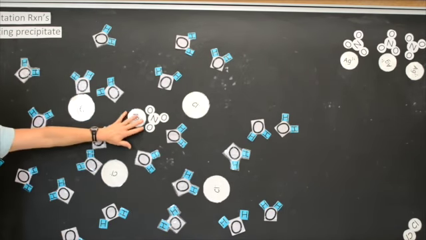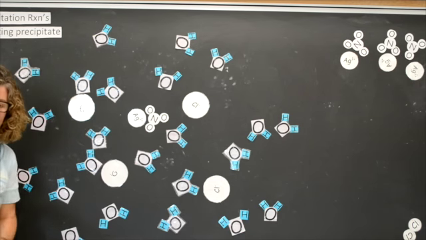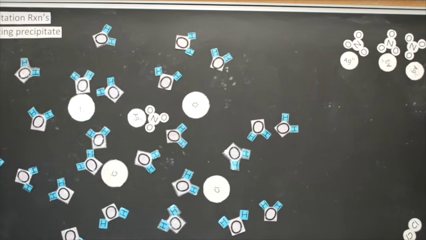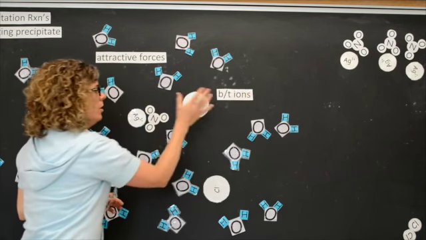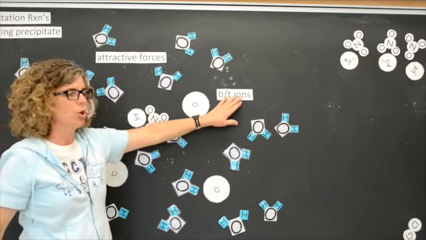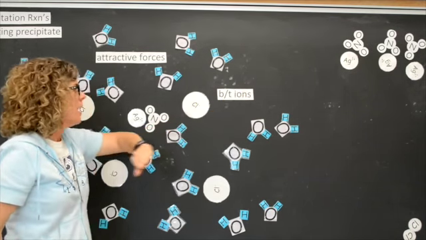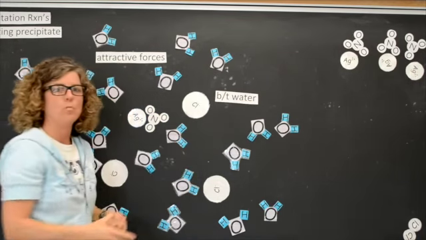There's a few things I want to talk to you about when we're looking at this type of reaction and explaining why that precipitate would form. It really comes down to attractive forces. You have to determine if there are attractive forces that can occur between ions, and then if there are attractive forces that can occur with water.